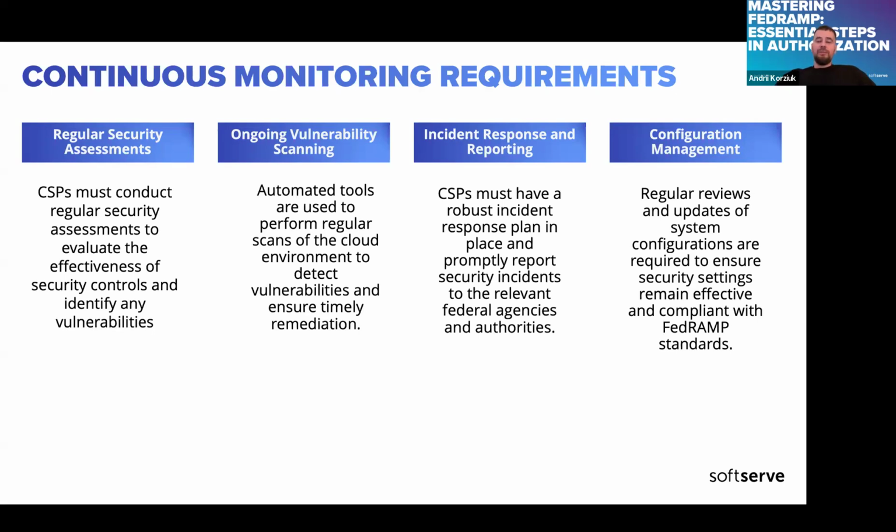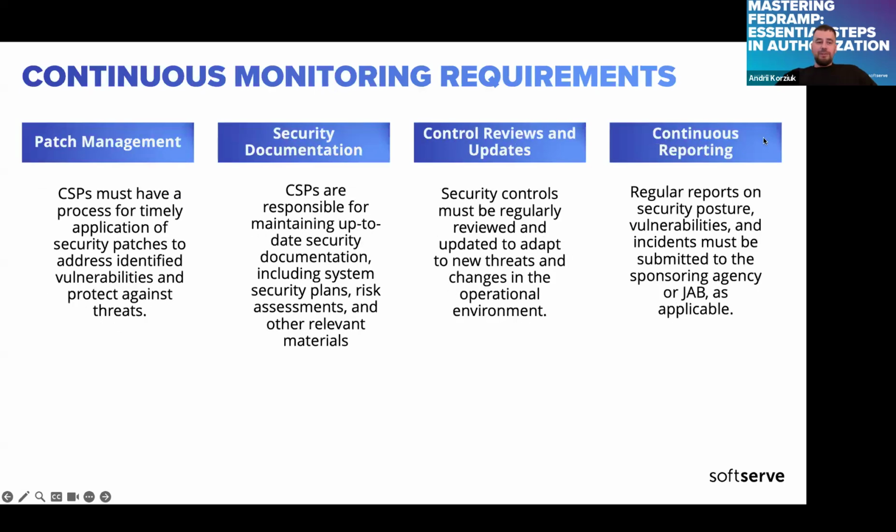You need to prove that your security posture is in good shape each month. So what you need for that: regular security assessments, ongoing vulnerability scanning, incident response and reporting, configuration management, patch management, security documentation, control reviews, and continuous reporting.